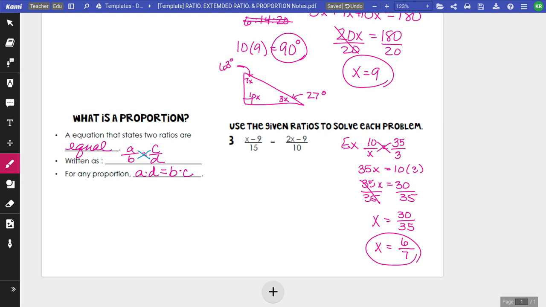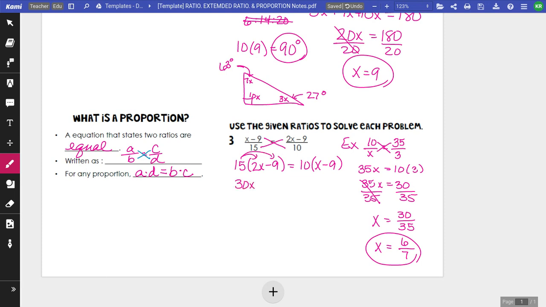All right, now this one, same thing. It's still a ratio. We're going to cross multiply, but the equation is just going to be a little more complicated. So we're going to do 15 times 2x minus 9 is going to be equal to 10 times x minus 9. We're going to distribute.